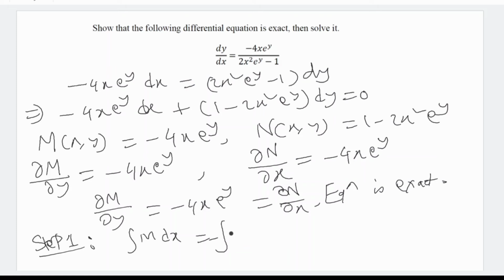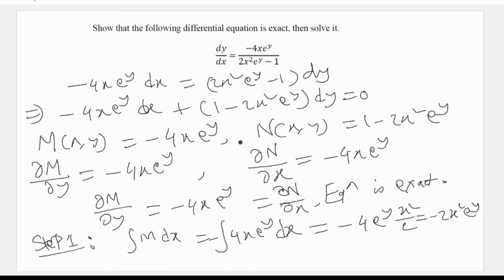M is minus 4x e power y dx. So we find the integration of this with respect to x, it will be minus 4 e power y times x square by 2. That means it will be minus 2 x square e power y.